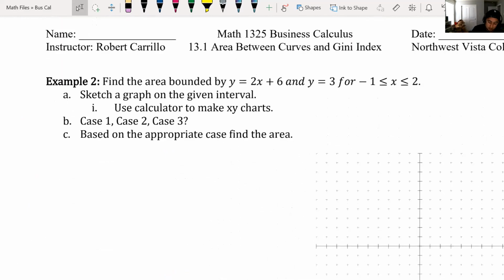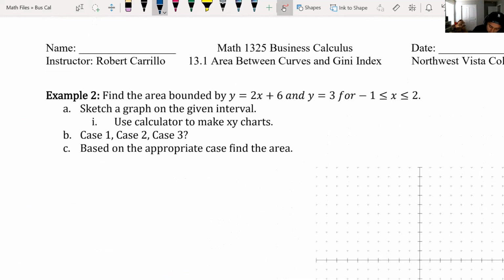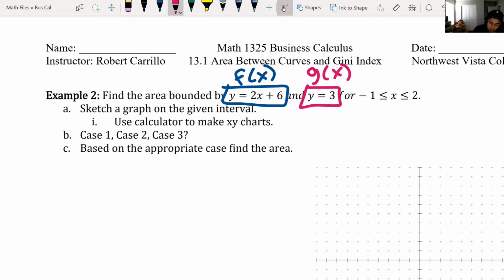All right, so with that being said, y equals 2x plus 6 will be f of x. Y equals 3 will be g of x. And remember, this interval is the same as -1 to 2.